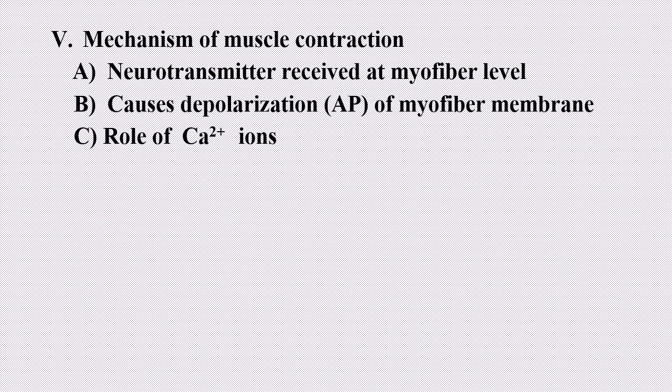This is going to cause depolarization or an action potential of the myofiber membrane. Now that membrane is called the sarcolemma, and again, they do not have those finger-like projections like dendrites that neuron cells typically have. So we call this the neuromuscular junction.